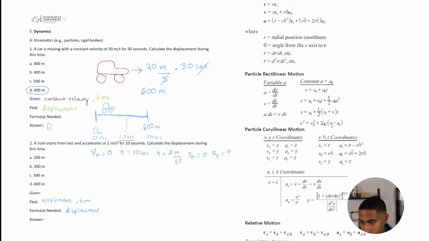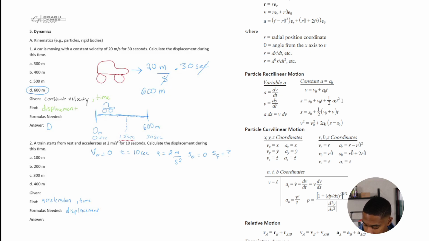Do we have S0? Yes, we do. Do we have S final? No. So this one has 2 unknowns. So however we plug our answers in, we cannot solve for an unknown because it doesn't give us an answer. So the best equation to use is going to be this one, right?